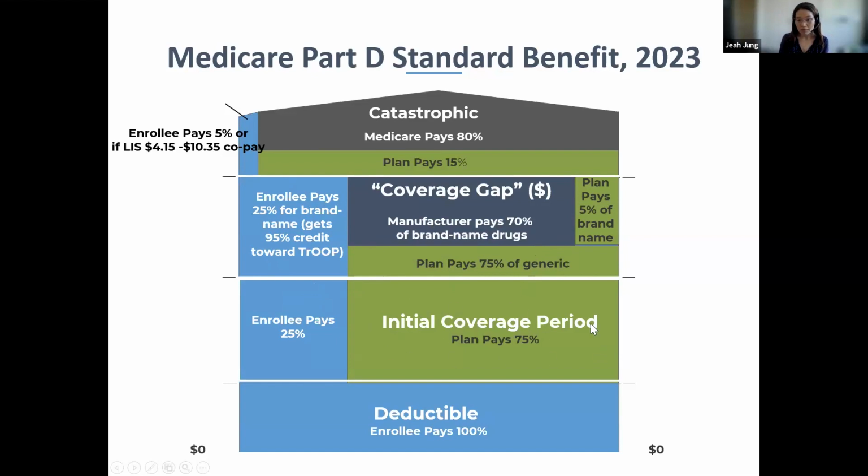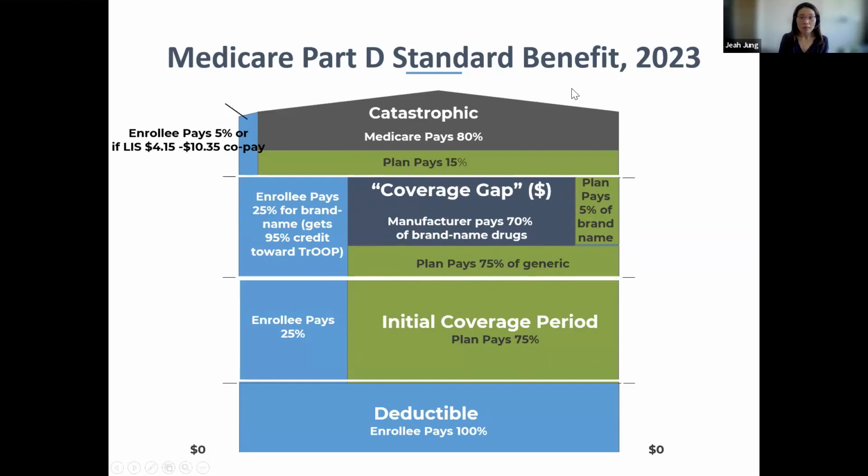In the initial coverage phase, this is a Part D plan phase, but in the donut hole phase, depending on generic or brand name, the payers are different. If it's a brand name, 70% is covered by manufacturers and only 5% is covered by plans. But for generic drugs, the plan pays 75%.